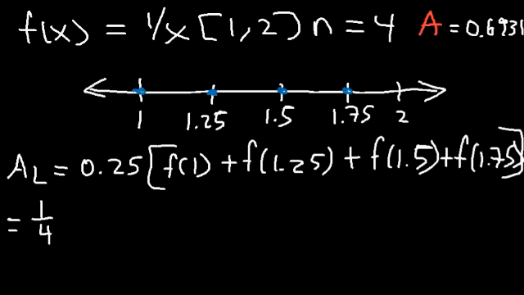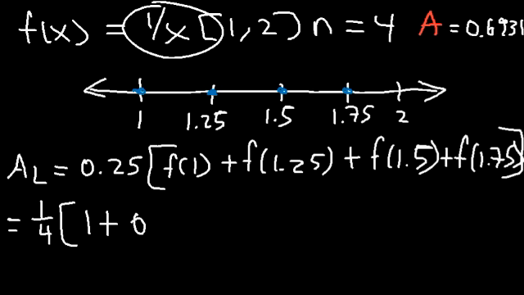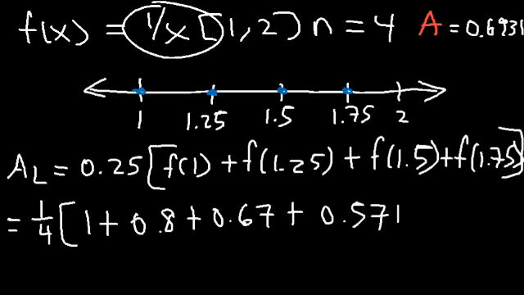So this is 1/4, or 0.25. Now f of 1, 1 divided by 1, is simply 1, and 1 divided by 1.25 is about 0.8. 1 divided by 1.5 is 2 over 3, or 0.67. And 1 divided by 1.75 is about 0.571.